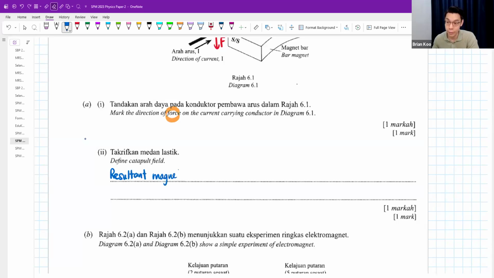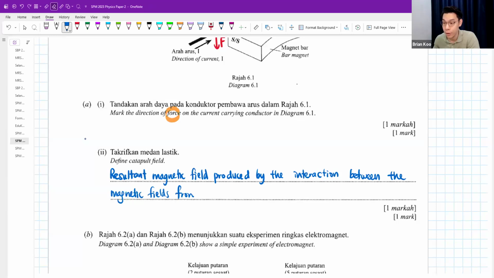Resultant magnetic field produced by the interaction between the magnetic fields from the permanent magnet and the current carrying conductor.